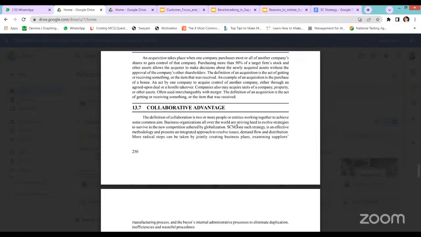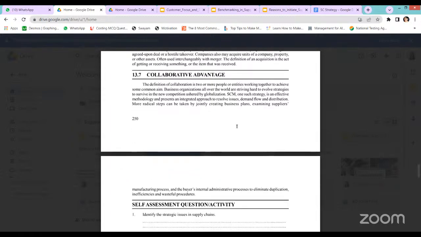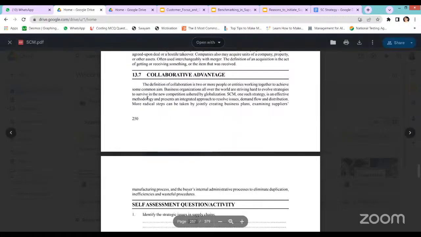So what is the advantage in collaboration? Collaboration is when more people or entities work together to achieve some common aim. They are all a little similar, with small variations, and they differ from each other, which you are supposed to remember.